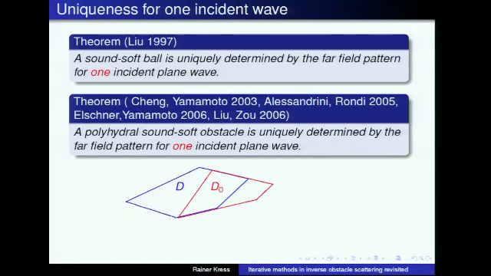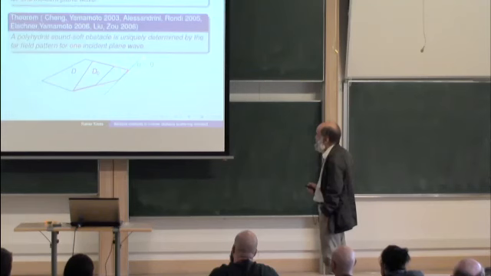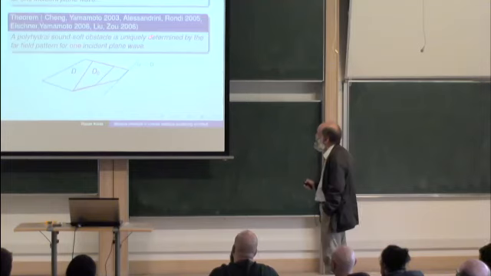And assume that we have another one which gives rise to the same far field pattern for one incident field only. And then it is possible to find a boundary part of the second obstacle such that the plane or the line going through that part of the boundary at least tends to infinity on the half line. It could be a corner case here.